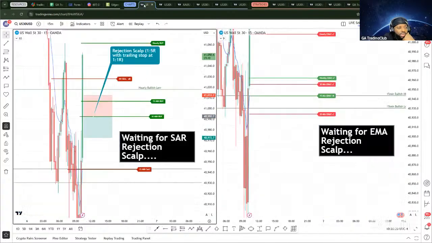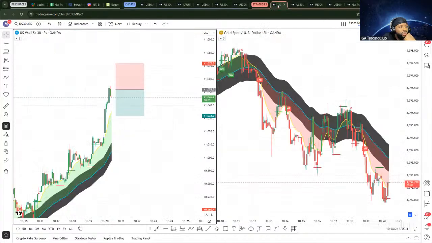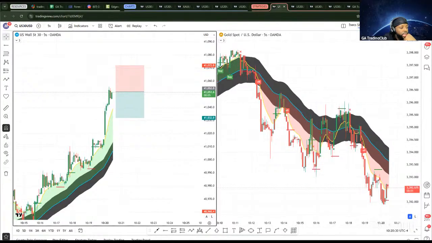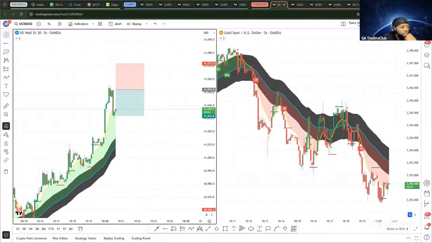So it's still valid. And if we look up here, you can see we are pretty much in a red zone. And I do know we are coming up on another rejection level up there, like the hourly. So just keep waiting.